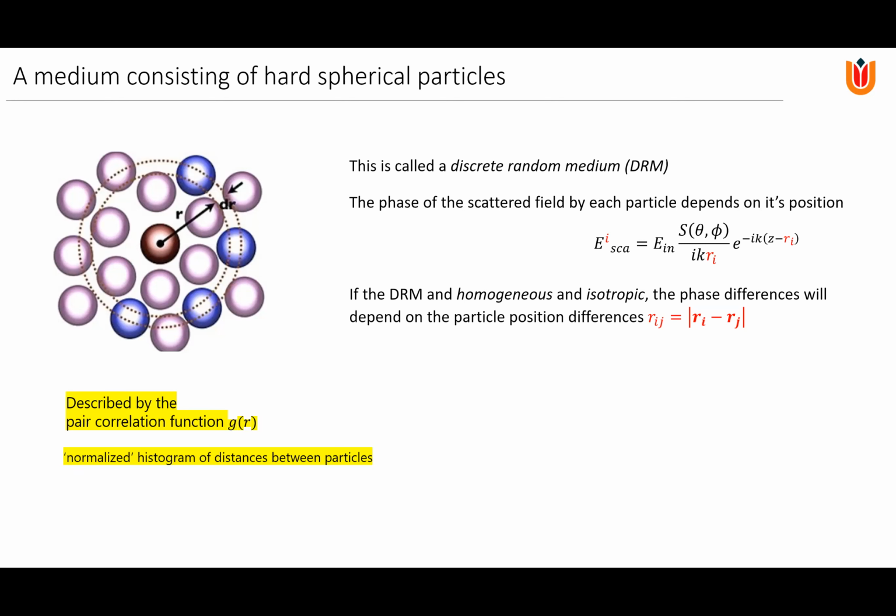We can make a histogram of the number of particles we encounter, and if we normalize that on the number of particles that we would encounter if there were no constraints, so when all the particles were allowed to take any position, then we get the value for the so-called pair correlation.